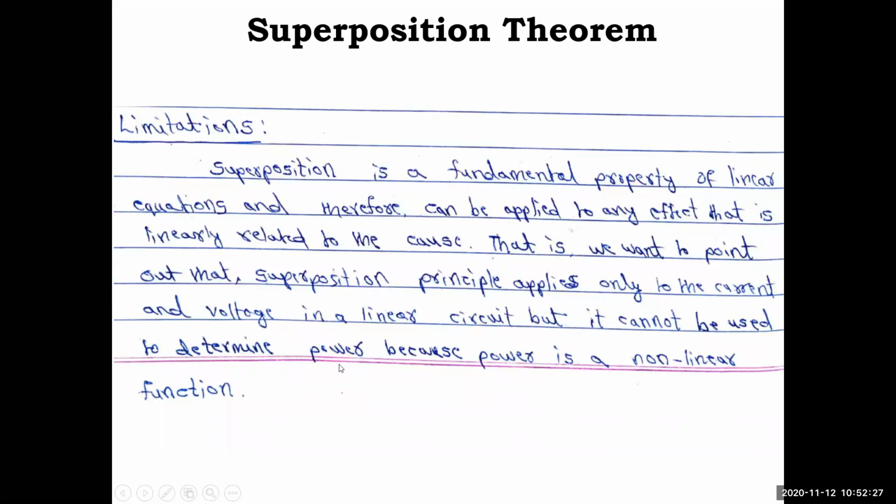But it cannot be used to determine power, because power is a non-linear function. You can only calculate voltage and current because they are linear, but power is V into I, or I square R, or V square by R. So this is the limitation of the superposition theorem.